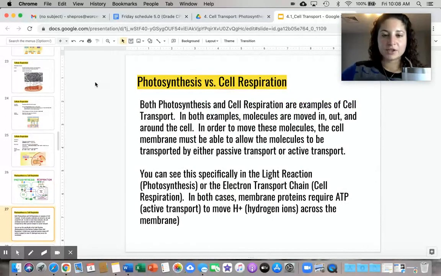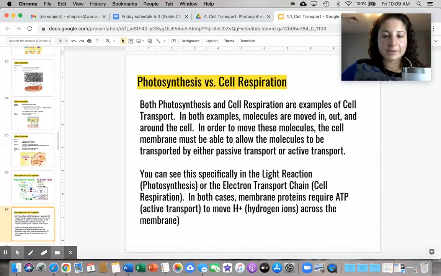And then again, to drive that point home, both photosynthesis and cell respiration are examples of cell transport. We're moving molecules across a membrane. In both examples, molecules are moved in, out, and around the cell. In order to move these molecules, the cell membrane must be able to allow the molecules to be transported by either passive transport or active transport.